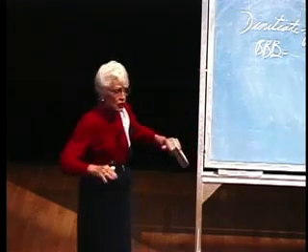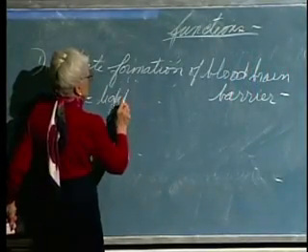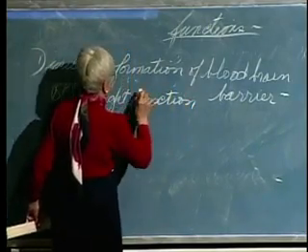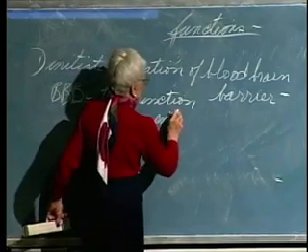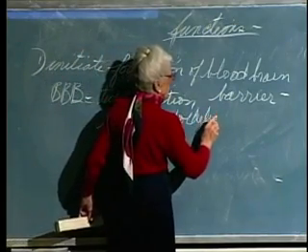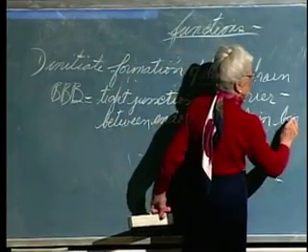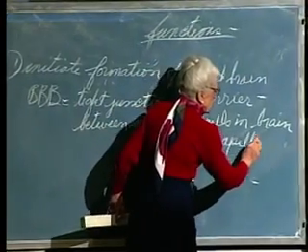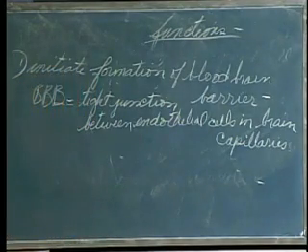And so we have a barrier, and the barrier equals the tight junction between endothelial cells in brain capillaries. Other capillaries don't have tight junctions. What else?